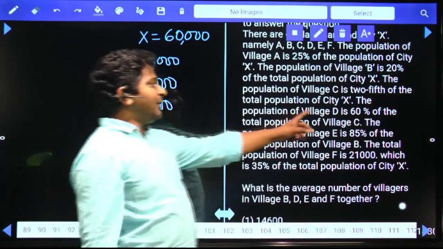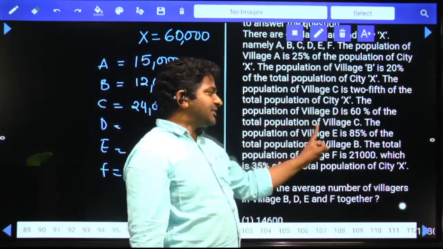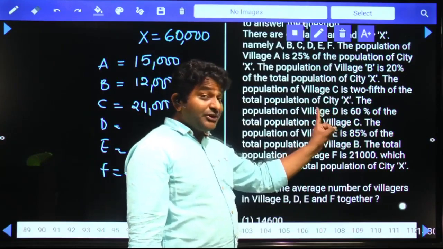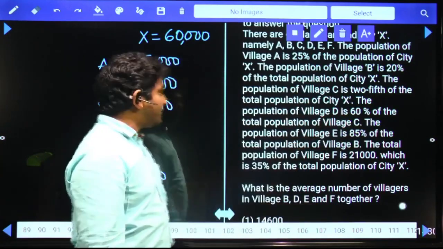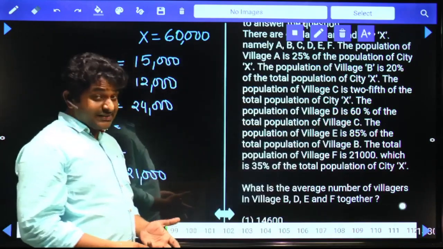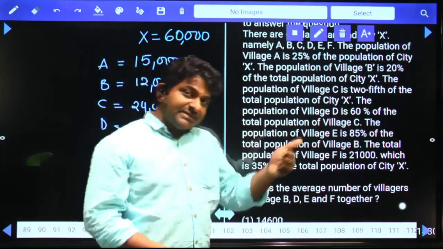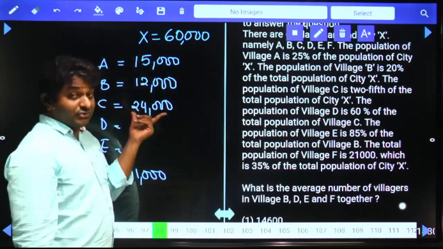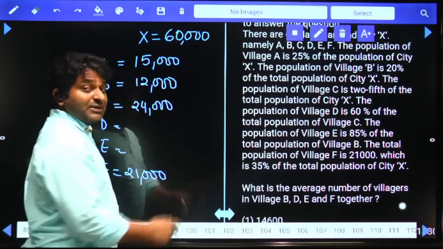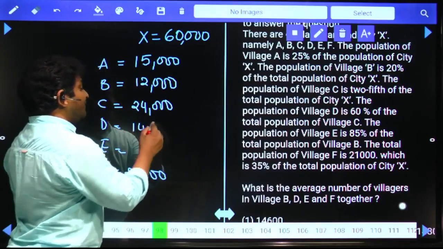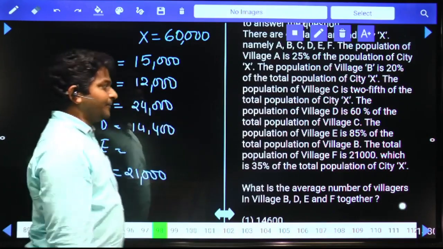Next, D population is 60% of the population of village C. D population is compared with respect to village C population. How much percentage? 60%. How do we get 60%? 50% plus 10%. 50% of this number, 12,000. 10%, 2,400. 12,000 plus 2,400 is equal to 14,400.